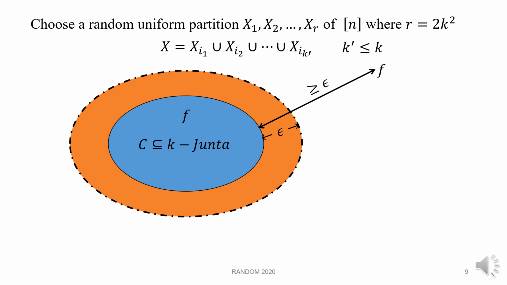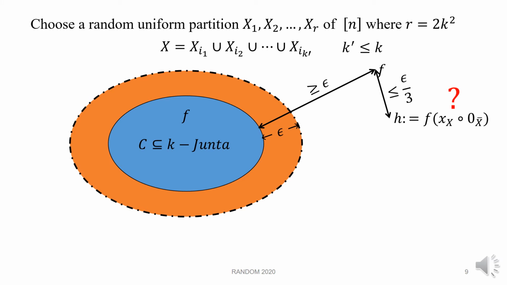Let x be the union of the relevant sets that the tester finds. Now the tester may not be able to find all the relevant sets, so it finds enough relevant sets such that when we project the variables in x to the vector x and the other variables to 0, we get a function h that is epsilon over 3 close to f with respect to d. I'll explain later how to search for relevant sets and to ensure that h is close to f.